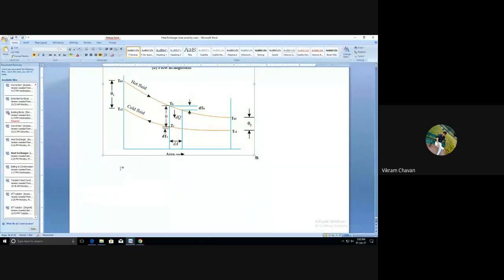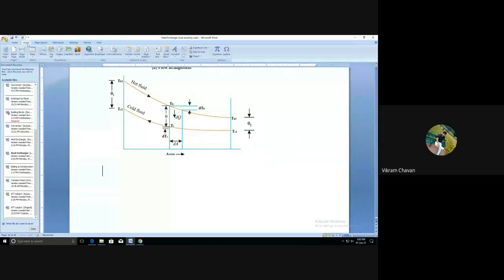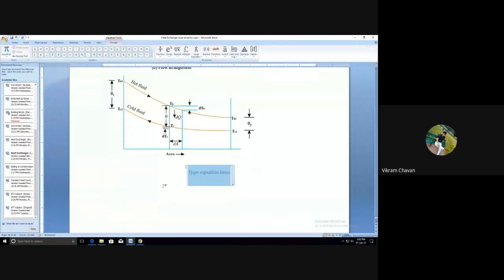Now in this, what is meant by theta1? First of all, calculate theta1 and then theta2. Theta1 is equal to T suffix H1 minus T suffix C2.